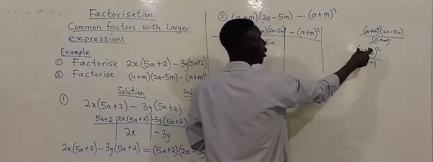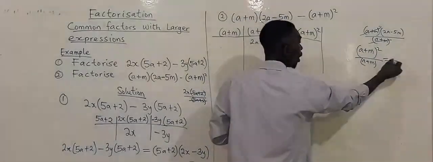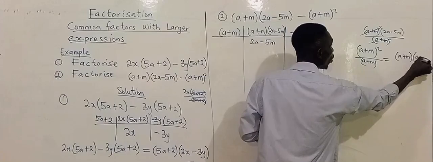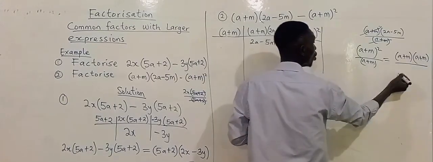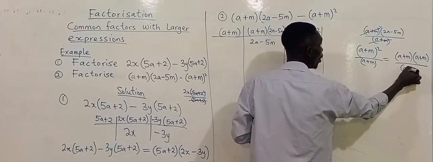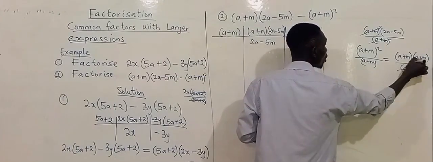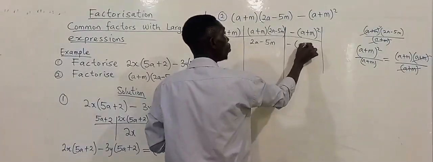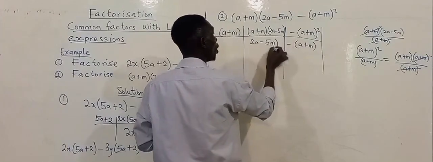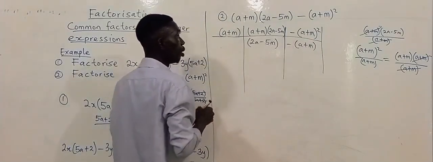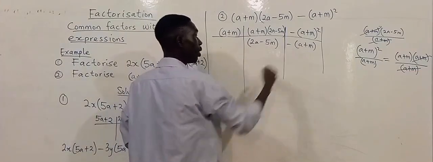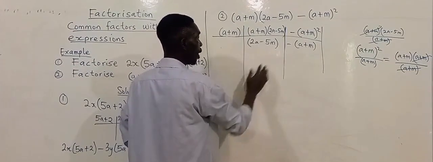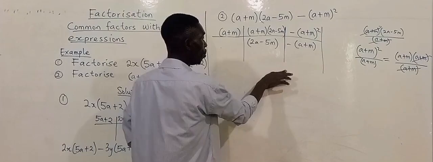Remember that a plus m squared is the same thing as saying a plus m times a plus m. So divided by a plus m, this goes out with this, and we are left with minus a plus m. Now looking at the terms remaining, there is nothing that can divide both terms at the same time.